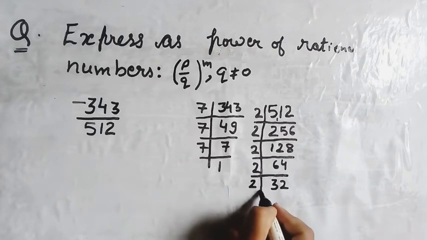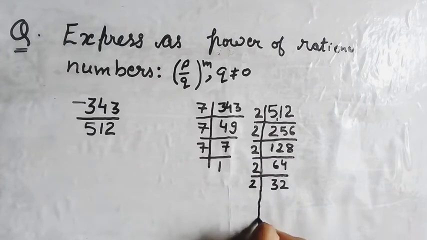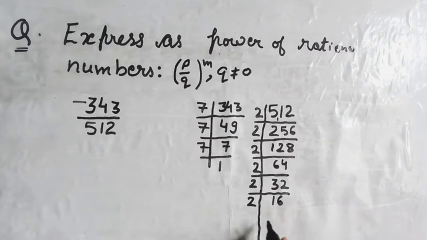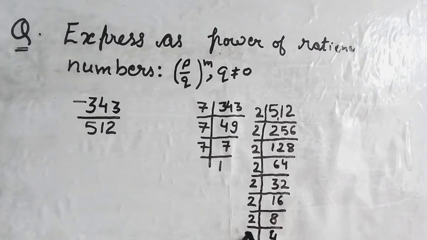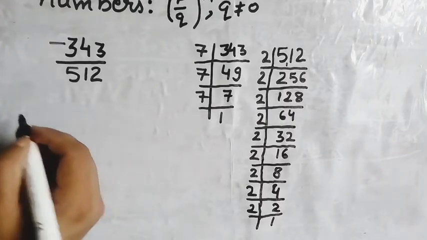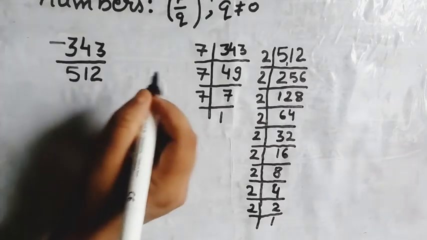Then by 2 again, 2 16s are 32. By 2 again, 2 8s are 16. By 2 again, 2 4s are 8. Then the last one is 2 2s are 4 and 2 ones are 2.